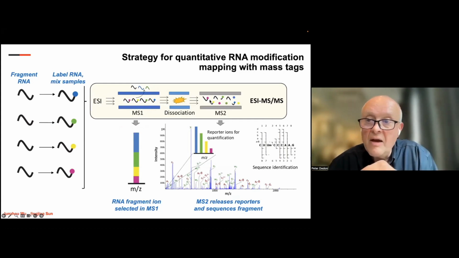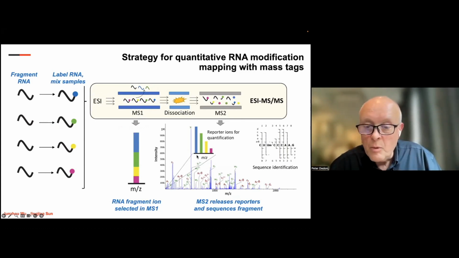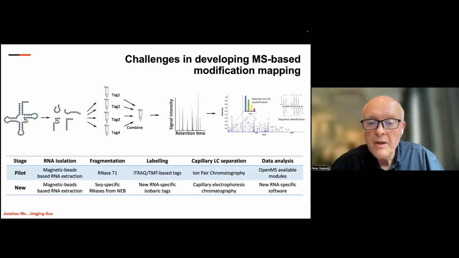And so now you send that fragment to the fragmentation chamber, break it into pieces. The reporters pop off, and that's what the little bar graph here is. You also then get the fragmentation to give you the sequence, and now you can get the relative quantities of that fragment with different modifications in it.